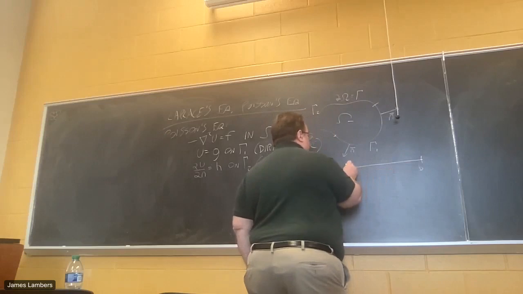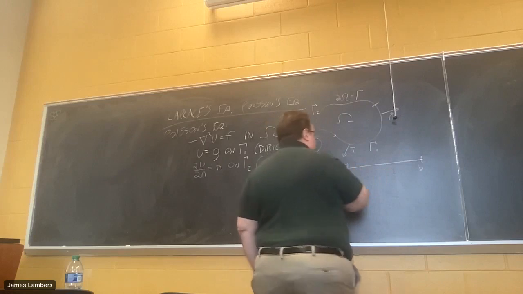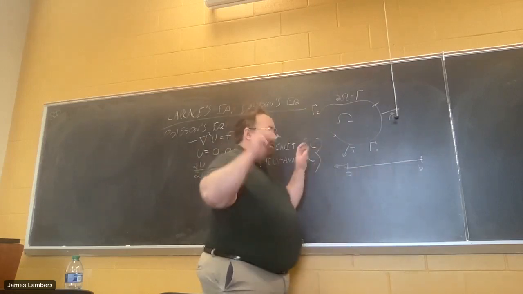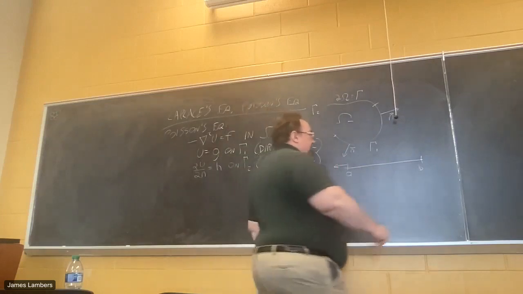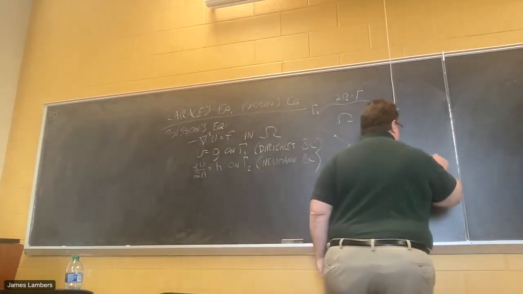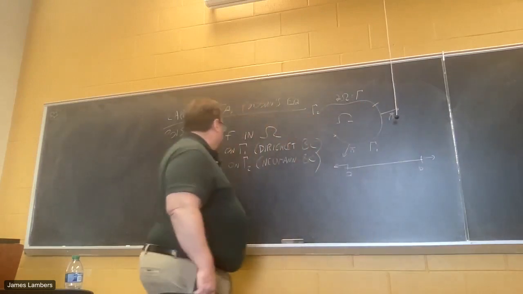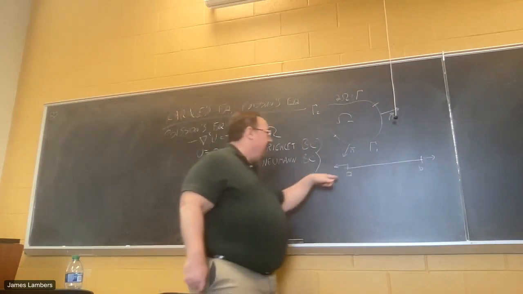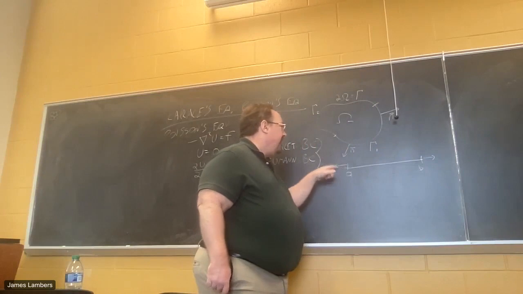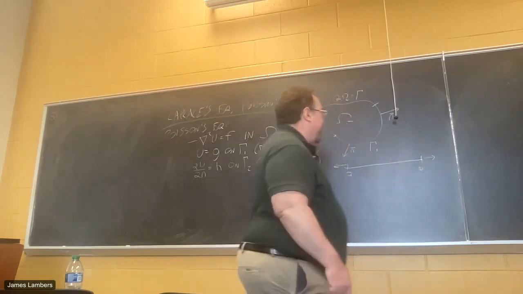So the normal vector would be pointing this way. So the normal vector would just be minus 1. It would just be a number, it's for one dimension. And then it would be equal to 1 at the right boundary. So this boundary condition here would translate into minus partial u with respect to x equals something at the left boundary, and then plus partial u with respect to x equals something at the right boundary.